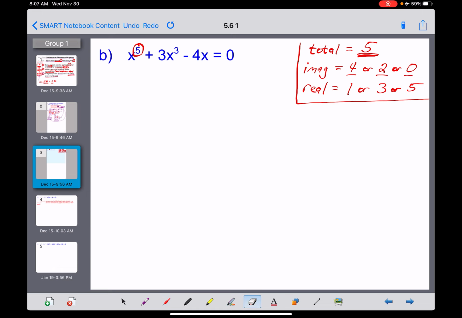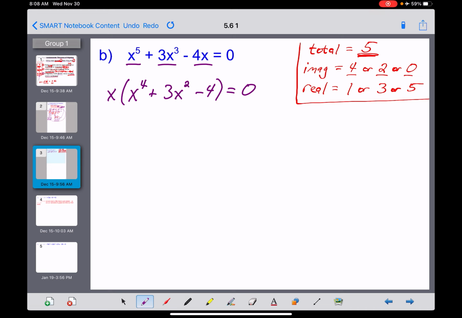As I said on the previous example, the first thing you want to do in any problem is try factoring. You'll see on the next example what happens when factoring doesn't work. And the first step to any factoring problem is to pull out a GCF. Well, from these 3 terms, it's not much, but they all have a common factor of x. So I'll bring that out in front, and that'll leave us with x to the 4th plus 3x squared minus 4 is equal to 0.